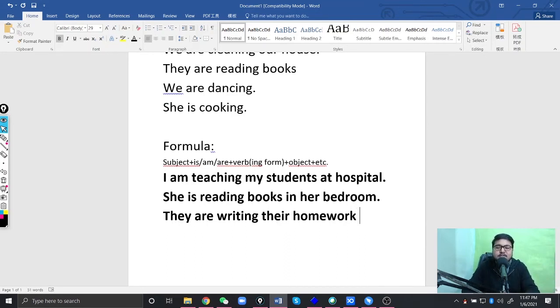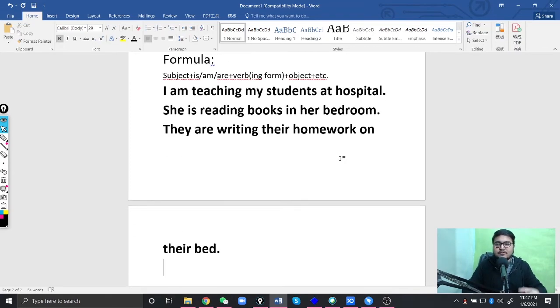Now I can say they are writing their homework on their bed. Now, this one is etc. As I said, it could be anything.